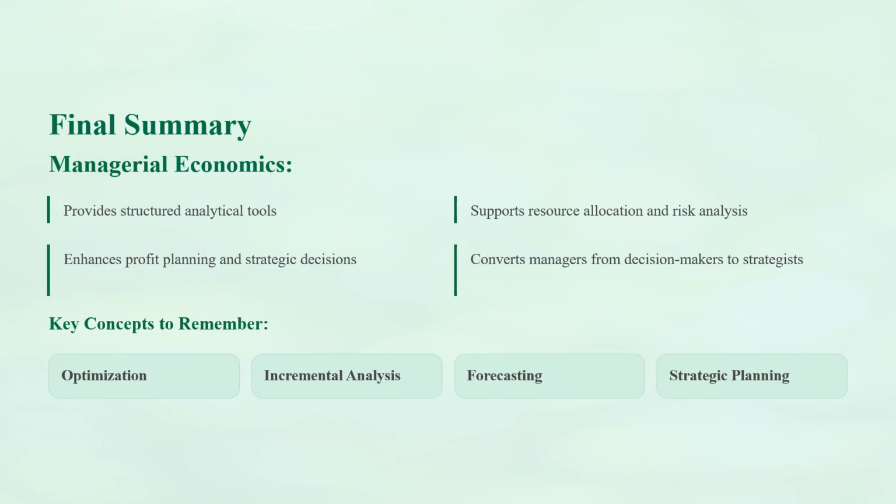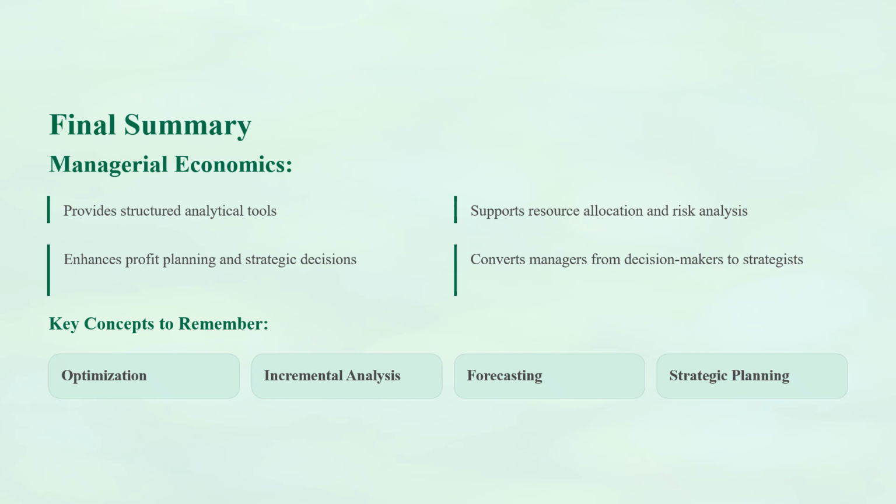Now, let's recall the final summary of managerial economics. As we conclude, let us quickly revise what we learned. It's all about structured and data-driven decision making. It gives managers practical tools like demand forecasting, marginal analysis, and even game theory to make better business decisions.